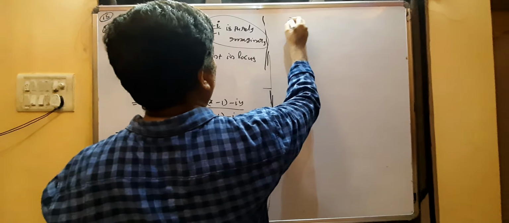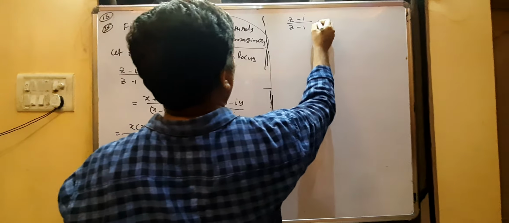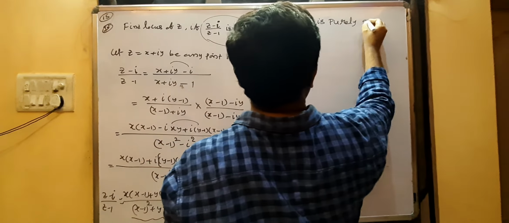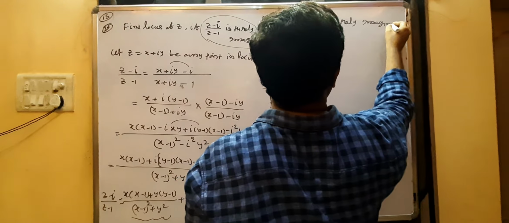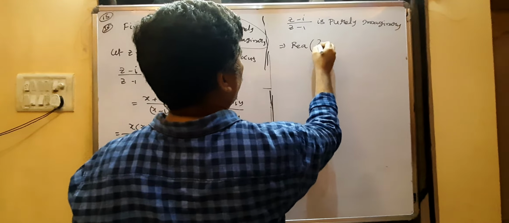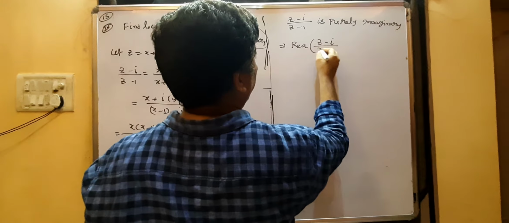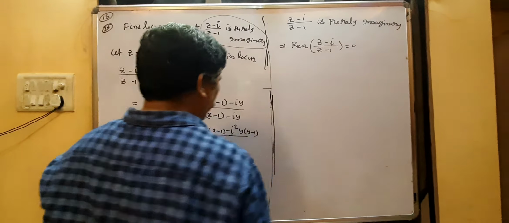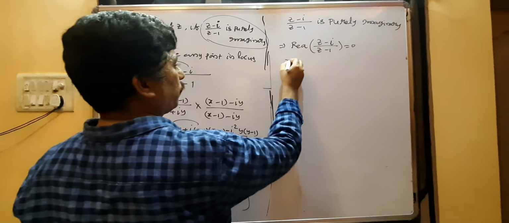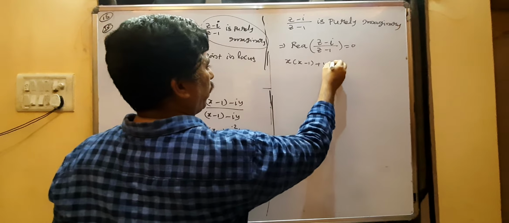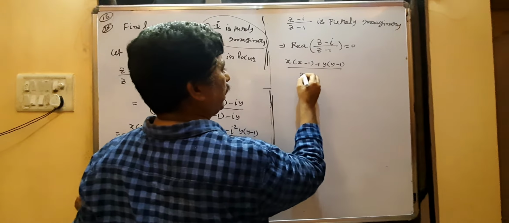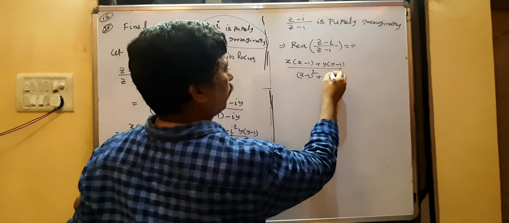So given (z minus i) by (z minus 1) is purely imaginary, that means the real part of (z minus i) by (z minus 1) equal to 0. The real part is x into (x minus 1) plus y into (y minus 1) by the denominator (x minus 1) whole square plus y square, equal to 0.